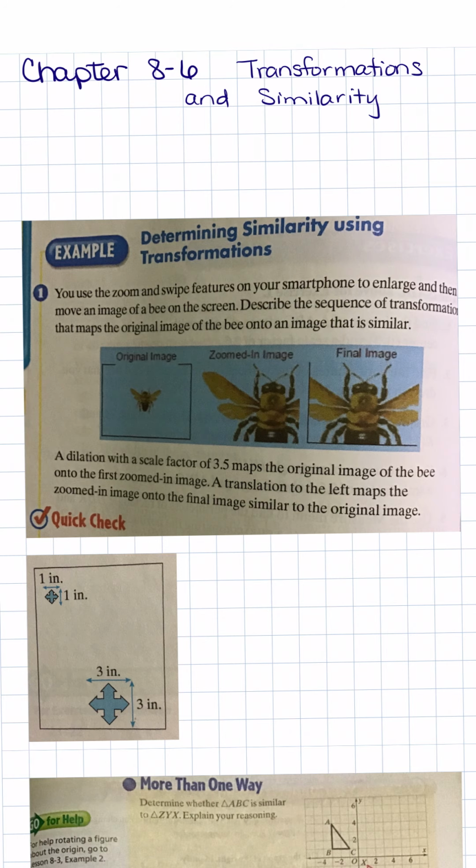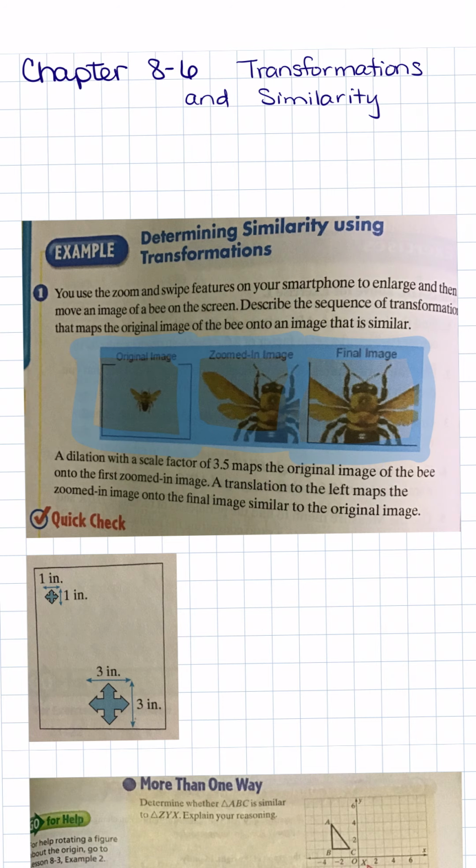So, determining similarities using transformation. You use the zoom and swipe features on your smartphone to enlarge and then move an image of a bee on the screen. Describe the sequence of transformations that map the original image of the bee onto the image that is similar. Checking these out, this first one here is the original, and then it's zoomed in, and then it's centered.